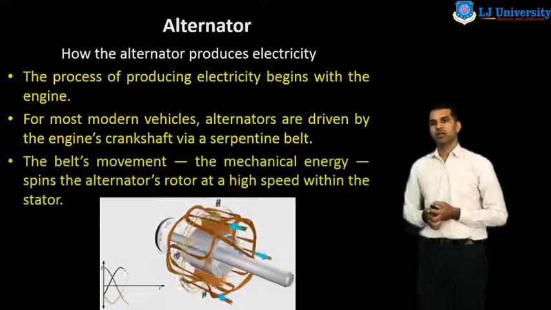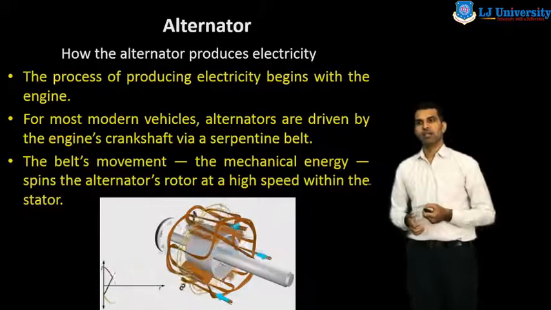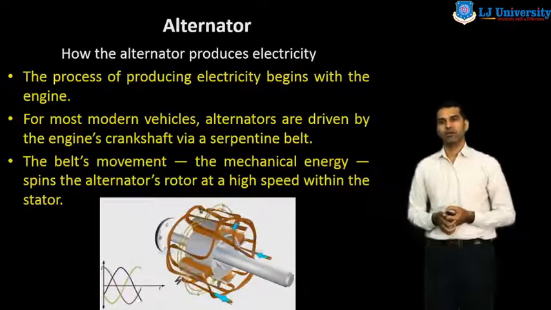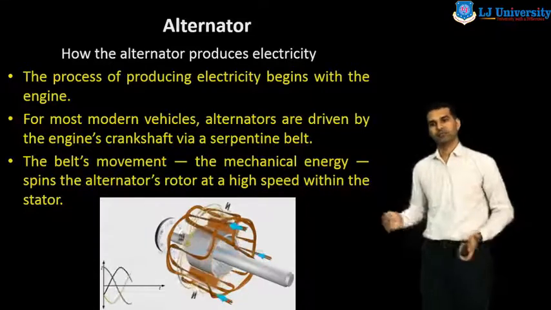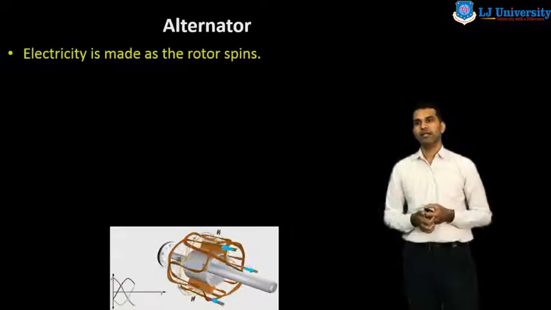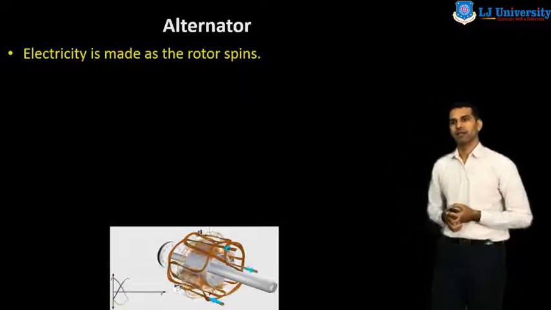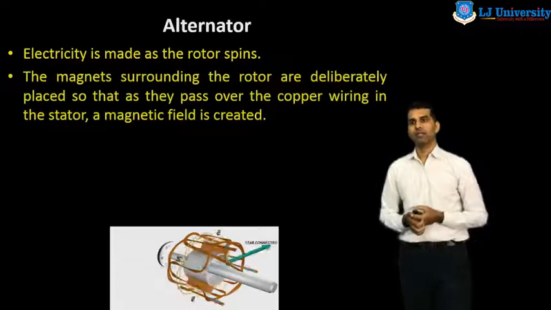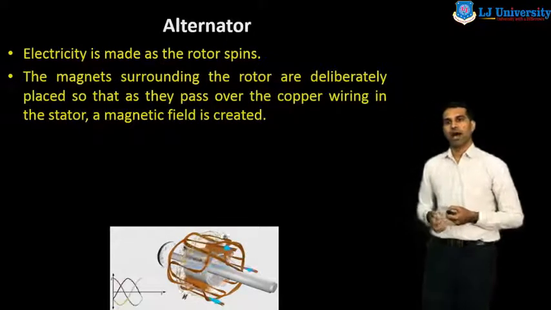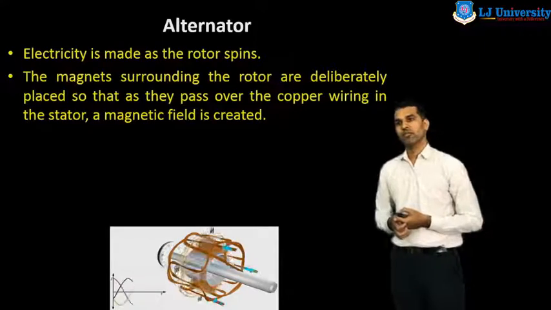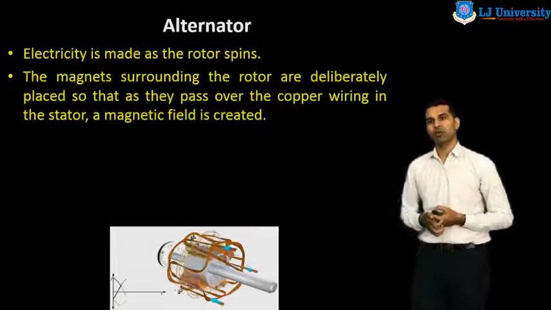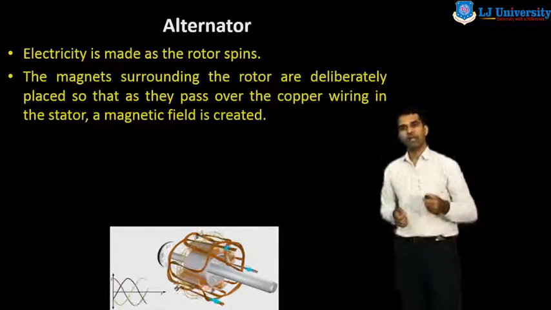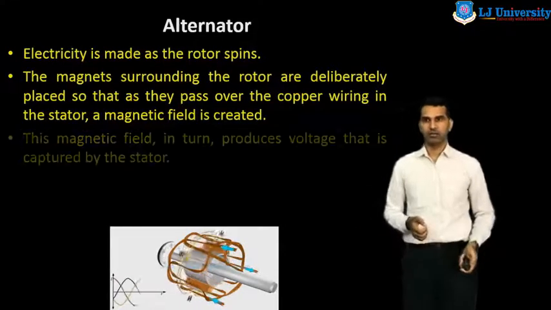The belt's movement, the mechanical energy, spins the alternator rotor at high speed within the stator. Electricity is made as the rotor spins. The magnets surrounding the rotor are deliberately placed so that as they pass over the copper wiring in the stator, a magnetic field is created.